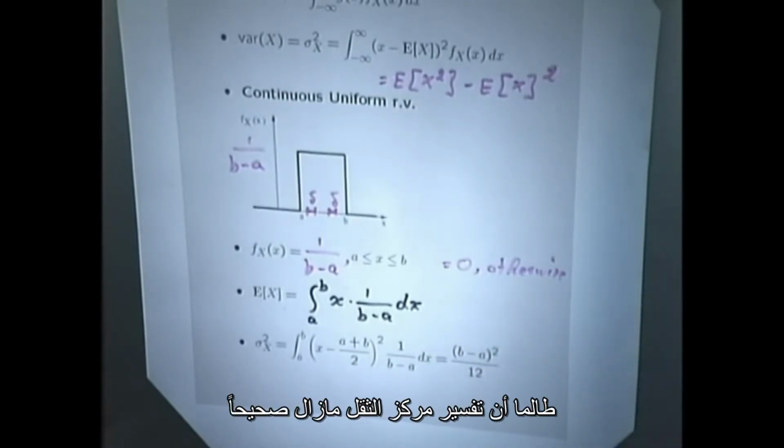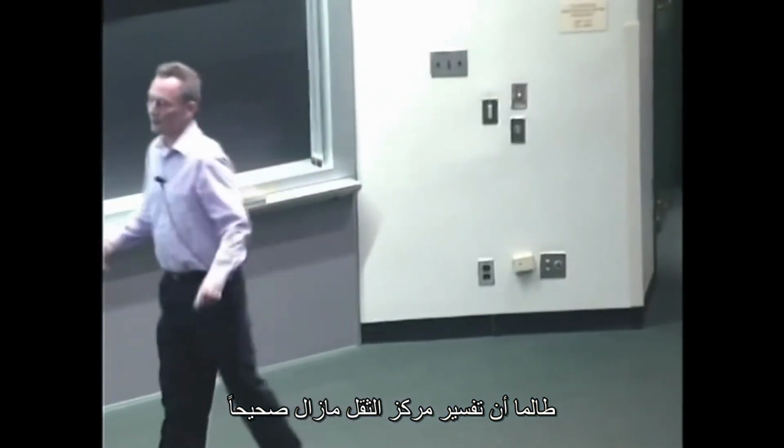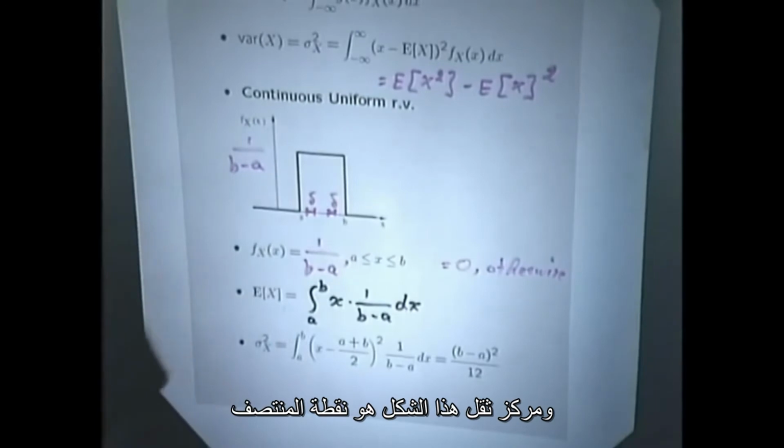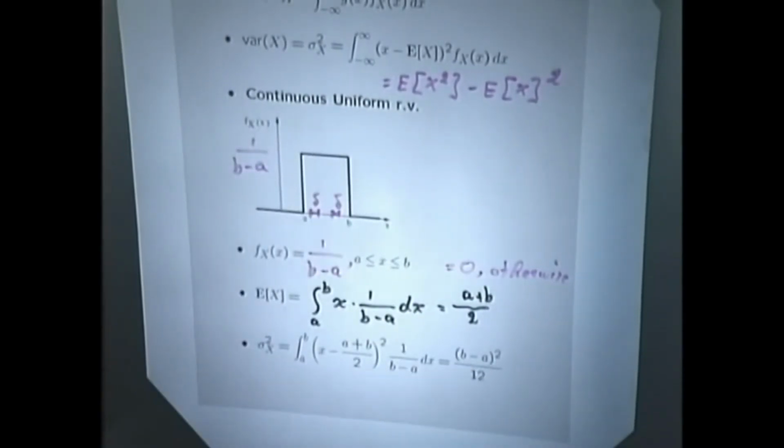Since the center of gravity interpretation is still true, it must be the center of gravity of this picture, and the center of gravity is, of course, the midpoint. Whenever you have symmetry, the mean is always the midpoint of the diagram that gives you the PDF. So that's the expected value of x.